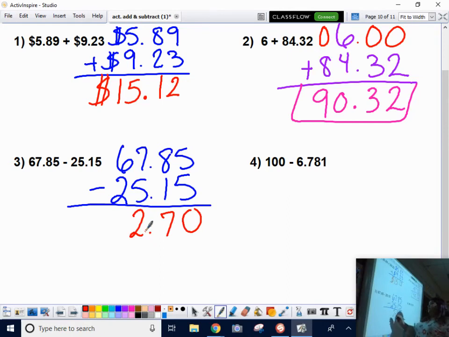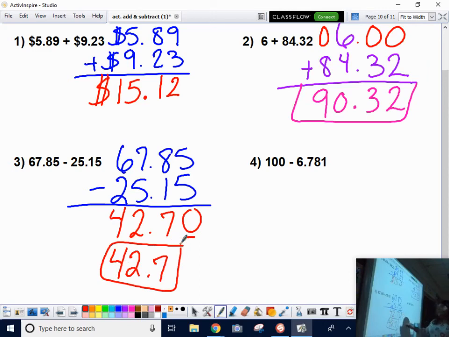And 6 minus 2, 4. Is this last 0 needed? No. So you could have written down 42 and 7/10, okay? Both of these are the exact same number, except this one is the simplified version. It's the more accepted version, okay?